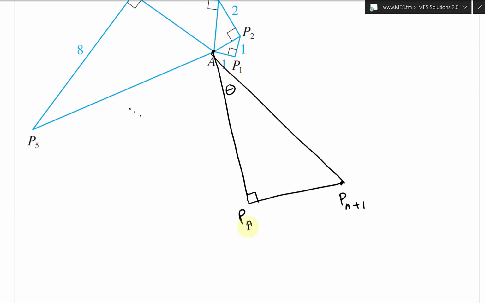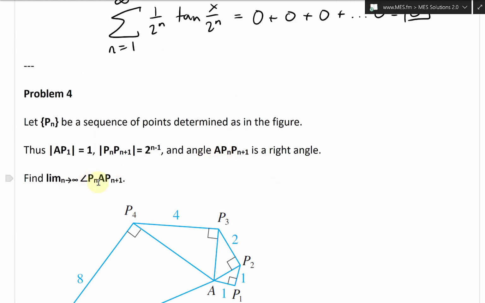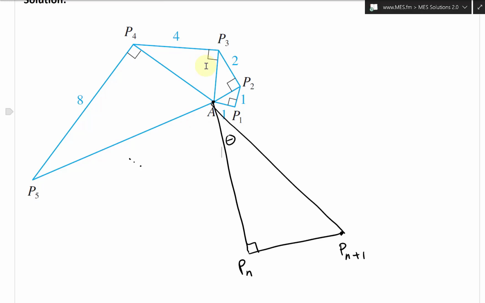Theta is here, it is the angle PN, A, PN plus 1. And we know that each of these triangles' distance is getting bigger and bigger, to the point of 2 to the n minus 1. And this distance from here to here, that is our APN.